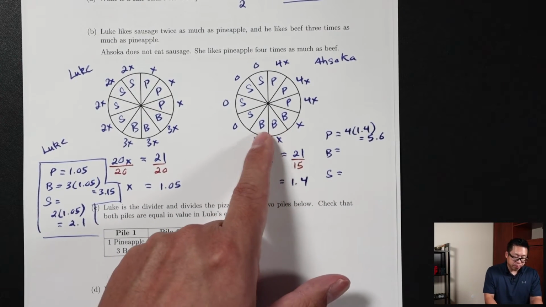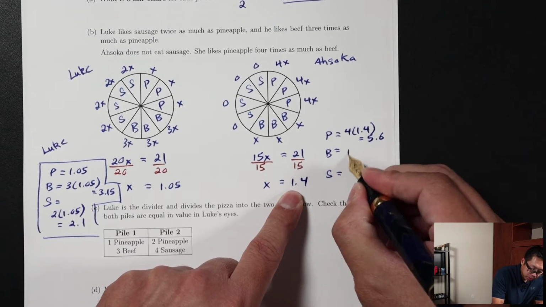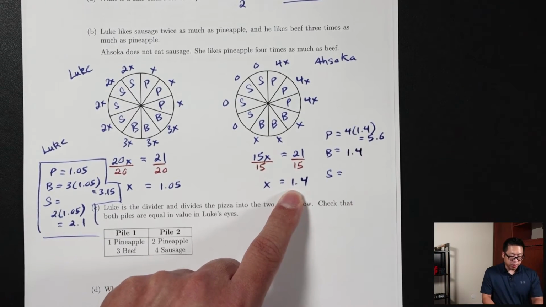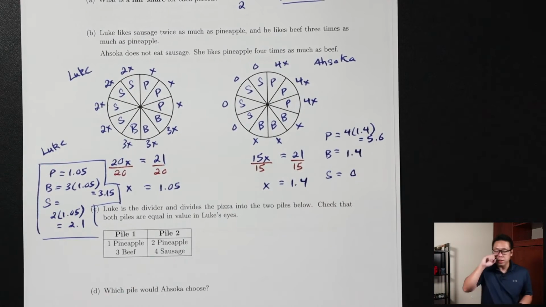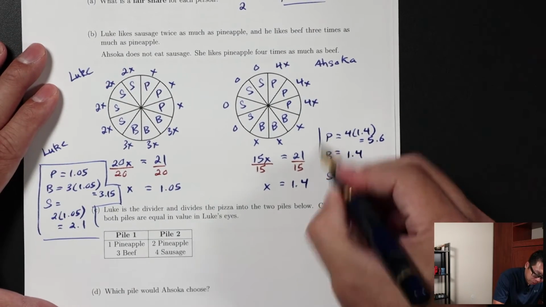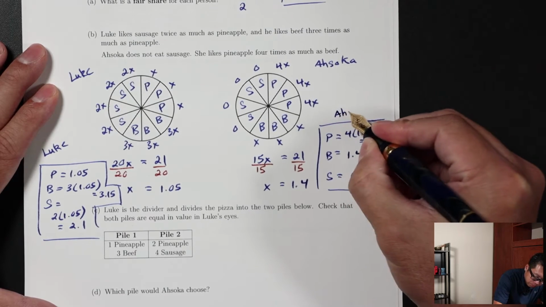The beef is regular x, and regular x is 1.4. And then these sausages are 0, because Ahsoka does not like the sausages. Okay, these are Ahsoka's numbers.